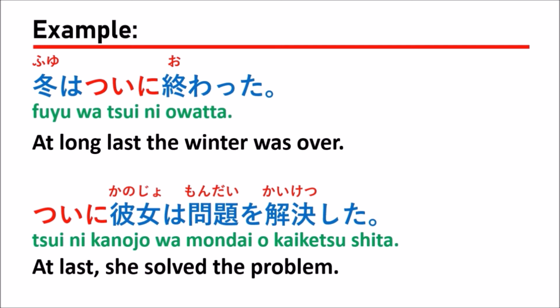So in Japanese you can say ついに問題を解決した. This means at last you can solve the problem.